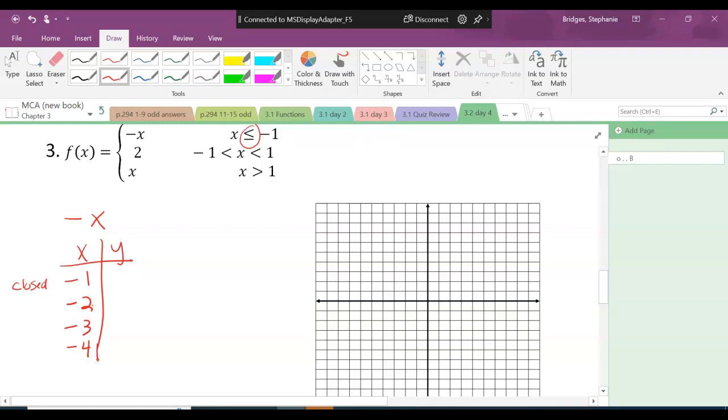If I have a negative 1, what does that turn? Positive. If I have a negative 2, that is positive 2. If I have a negative 3, that is positive 3. And if I have a negative 4, that is 4. All right, so I'm going to be closed at negative 1, positive 1.